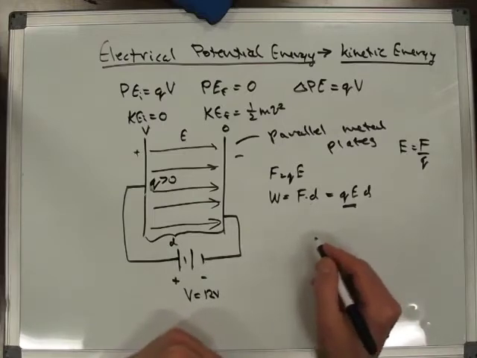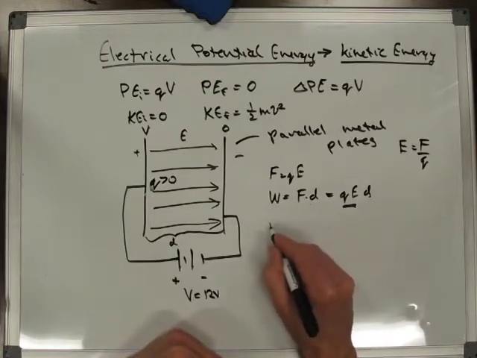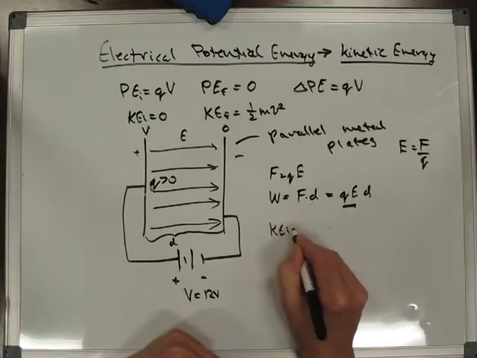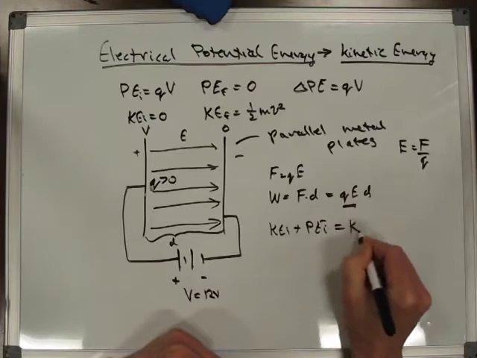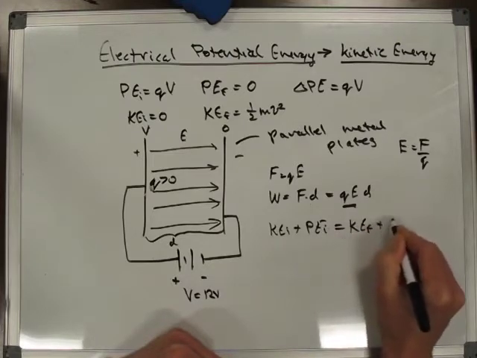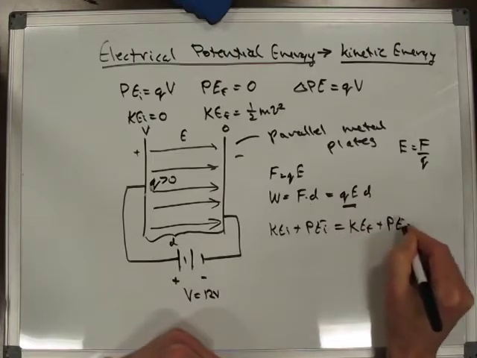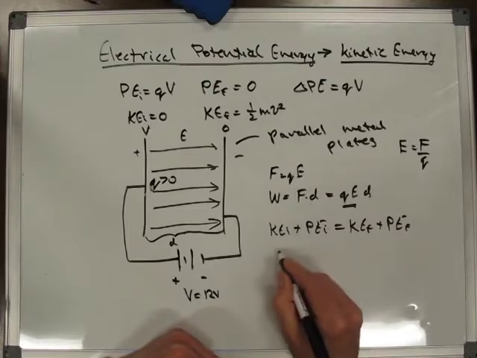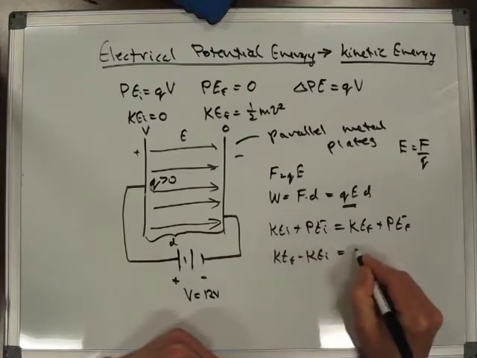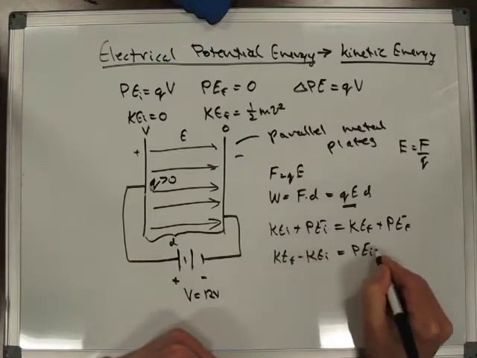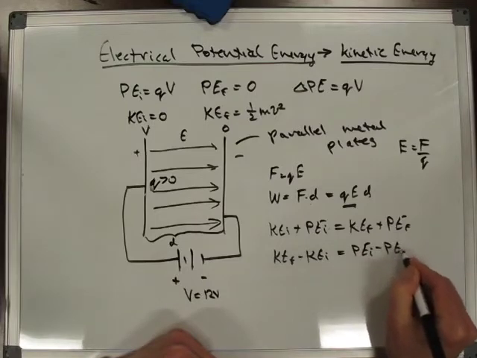So we can apply conservation of energy to this, and we can say, look, KE initial plus PE initial equals KE final plus PE final, right? Or we can say KE final minus KE initial is equal to PE initial minus PE final.